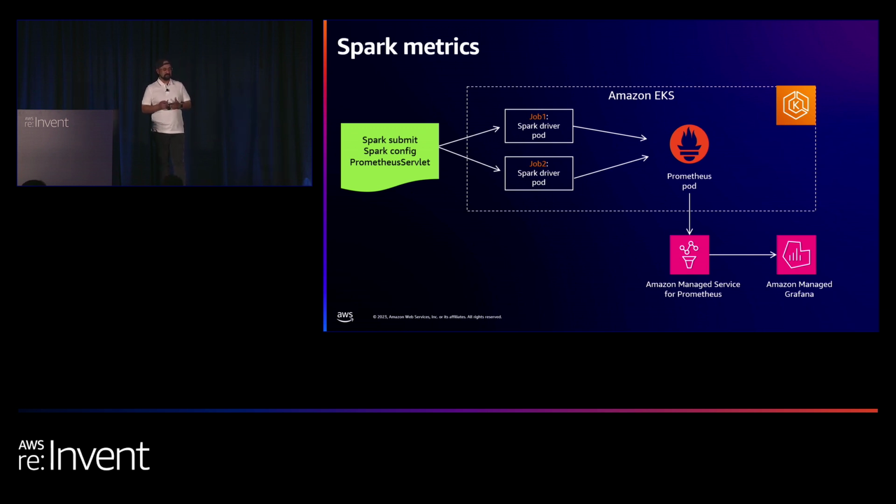Within the Spark configuration, when you're running a job, you can define that you want to write these metrics to Prometheus. It's a built-in feature that exposes driver and executor metrics to Prometheus, and Prometheus extracts those metrics, and then you can visualize them using Grafana.